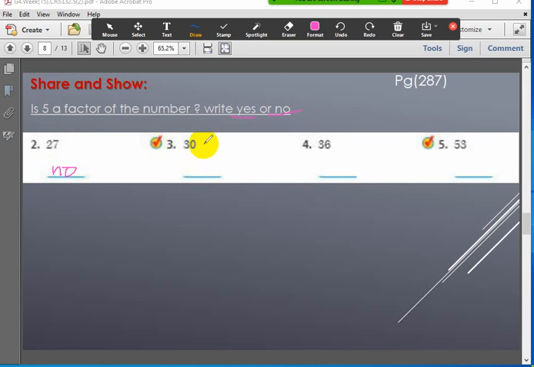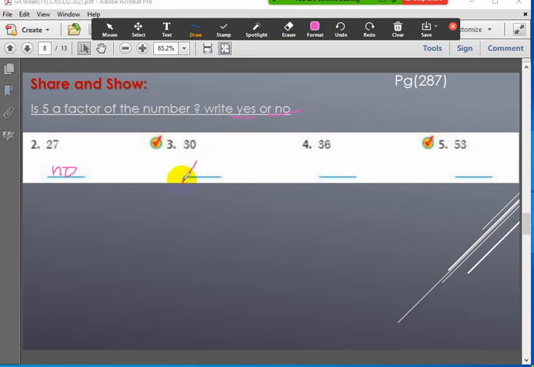Now 30. Is 30 divisible by 5, girls? Yes, very good. Because look, the ones digit is 0. And if the ones digit is 0 or 5, the number is divisible by 5. So 5 is a factor of this number, because you know 5 multiplied by 6 equals 30.